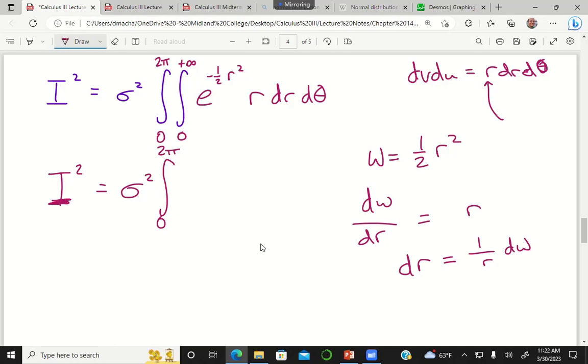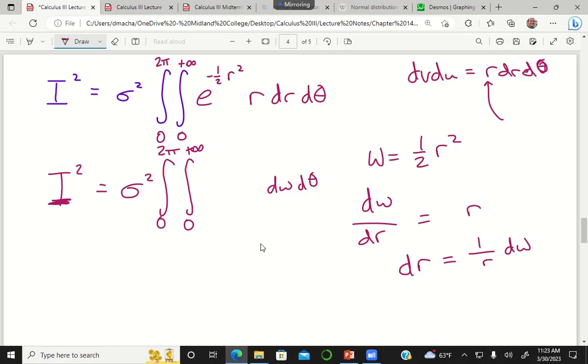Very good. So theta is still going to go from 0 to 2 pi, and then I'm changing r dr to dw. And so the 1 over r is going to cancel that r, and then if I use this formula, plugging in 0 for r gives 1/2 times 0 squared, so the lower bound is still 0, and plugging in infinity for r is going to give me 1/2 infinity squared, which is still plus infinity.